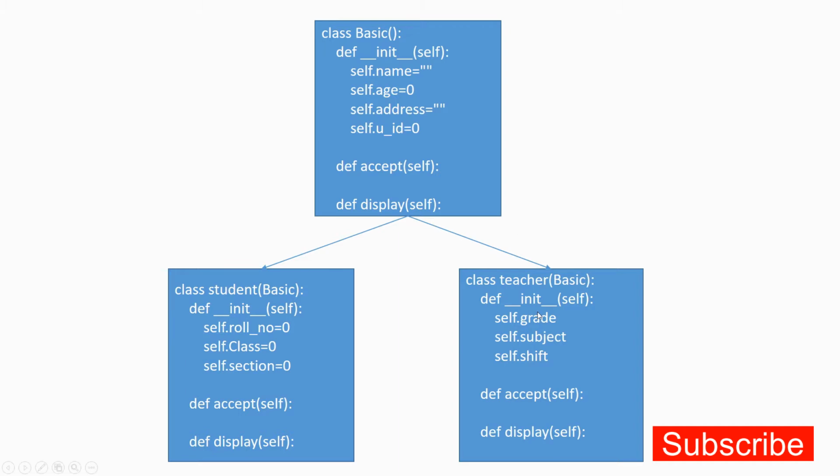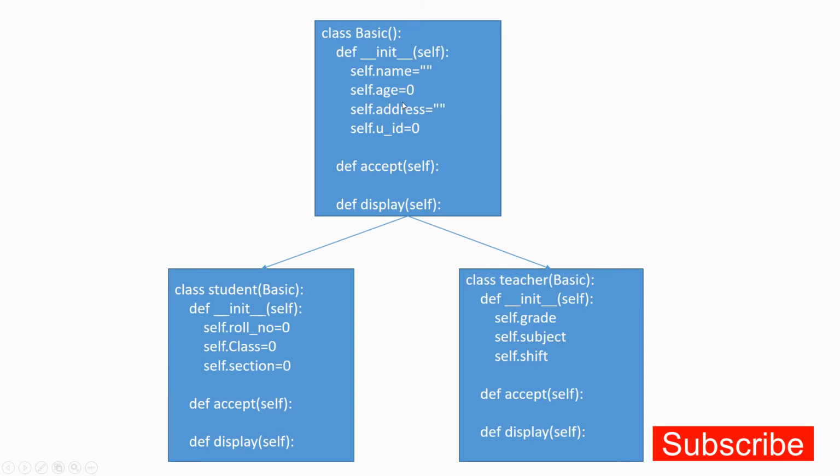This looks like a perfect solution altogether, but this class is just acting as a base class for these two classes. You can create objects of class student and of class teacher, but I don't want the user to create objects out of this particular class.